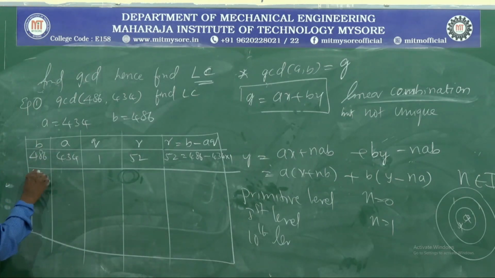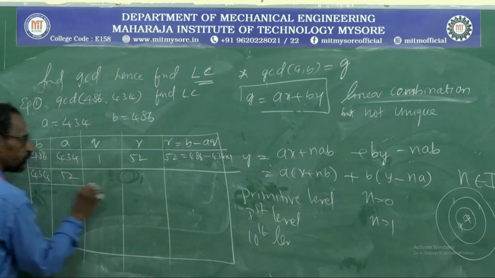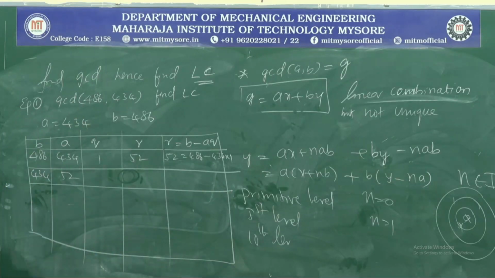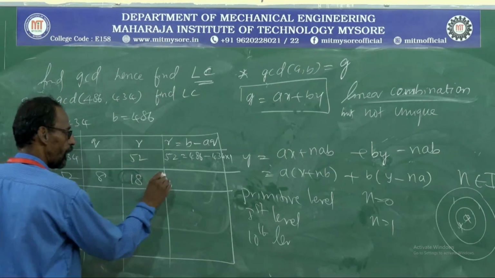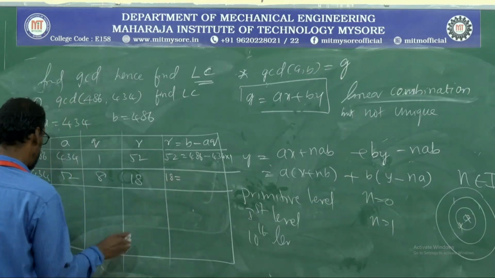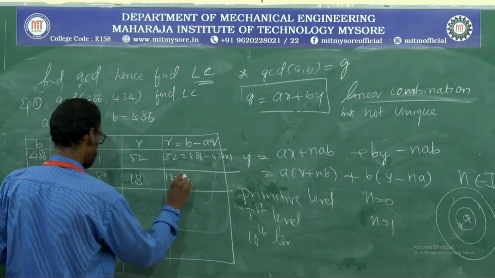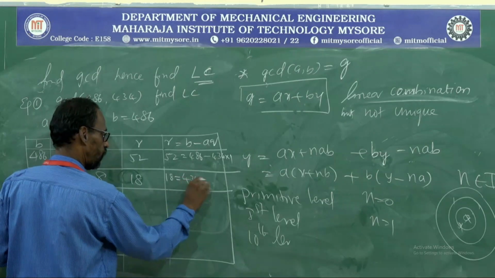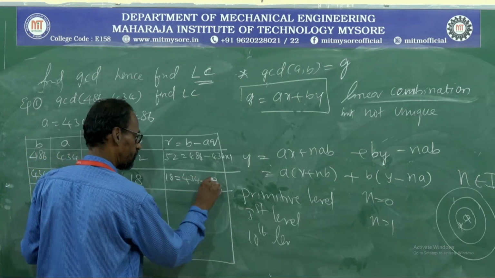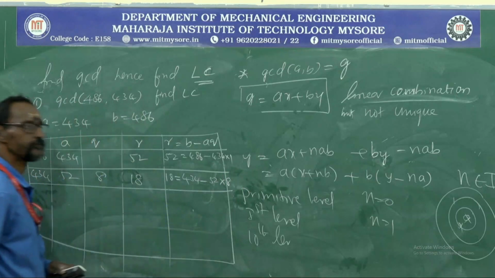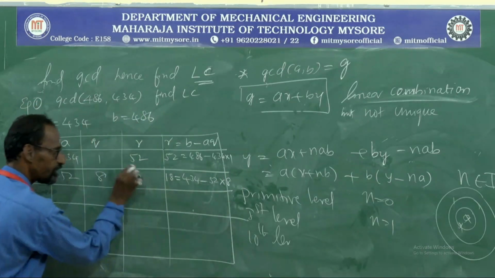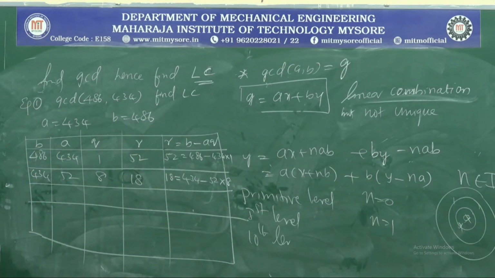One more iteration. 434, 52. Again the quotient will be 8 and the remainder will be 18. I can write my 18 as 434 minus 52 into 8. Still I didn't get 0. One more iteration. 52, 18.